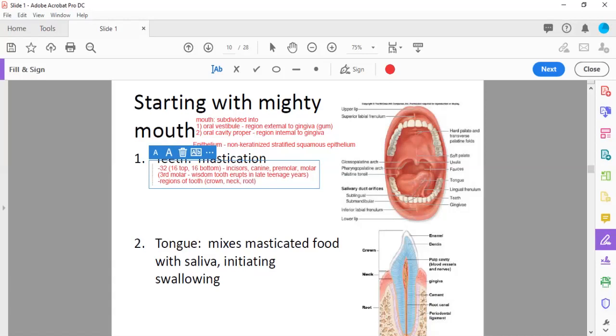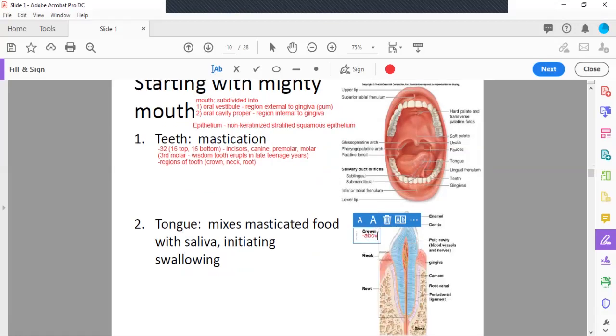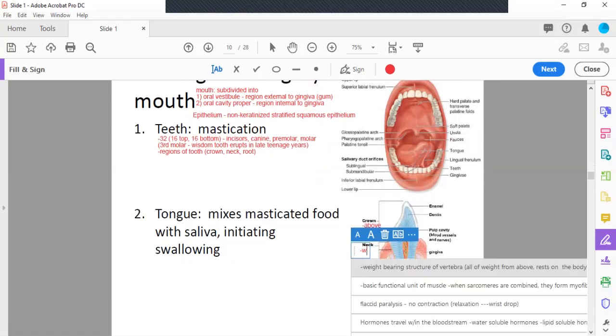The crown is above the gum. The neck is within the gum, so it's buried within the gum.